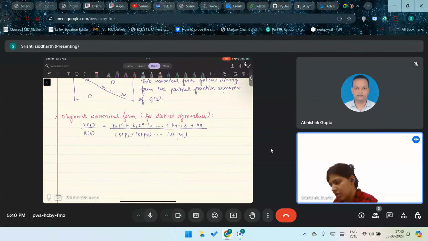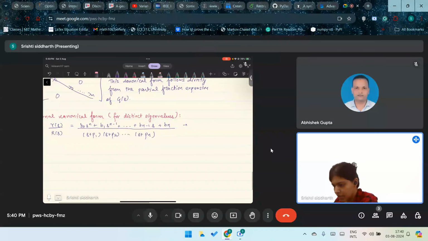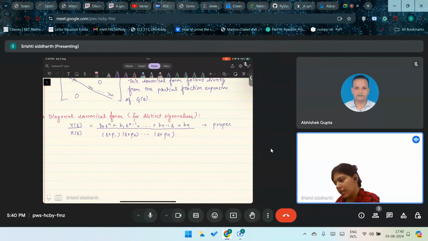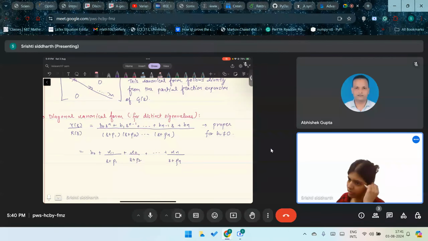Okay, so just observe that this is proper, because it might be that v0 is not 0. Okay, so if this is the case, we can write this as v0 plus C1 over s plus p1, all the way till Cn over s plus pn.